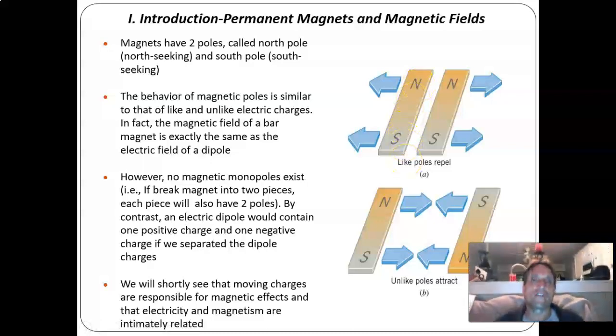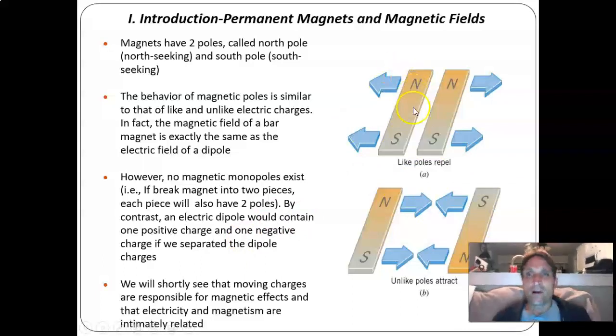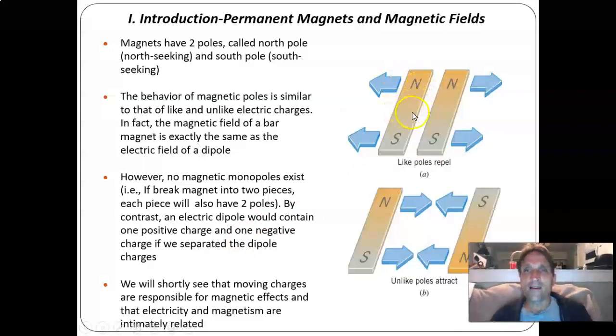A couple of differences. If you break a magnet in two, you will get two pieces, but each piece will have two poles. Okay? So in other words, you can keep breaking magnets into halves, but you can't separate the north pole and the south pole. You will continue to get another little piece that has a north and a south.